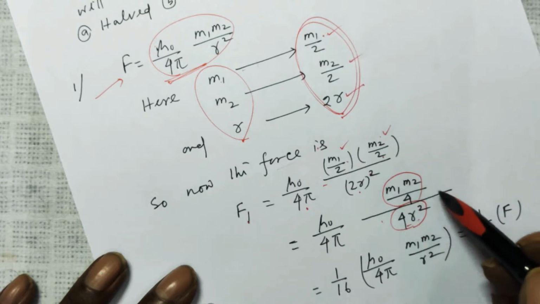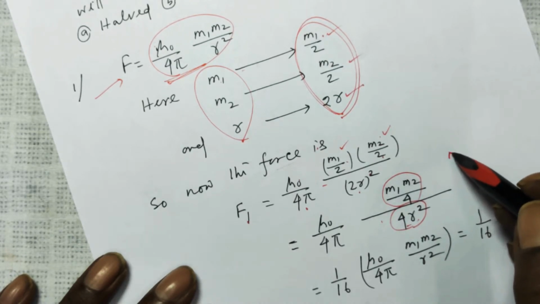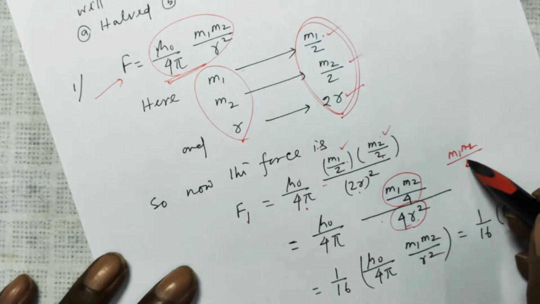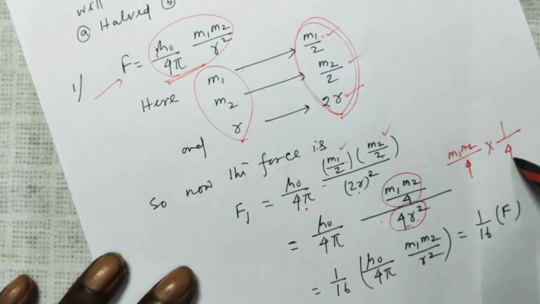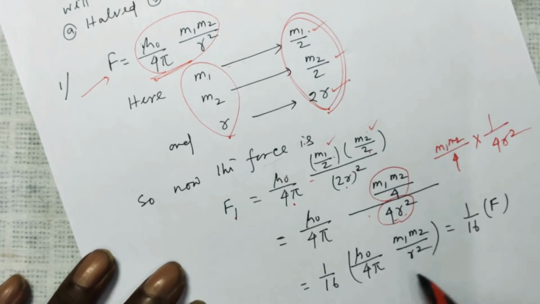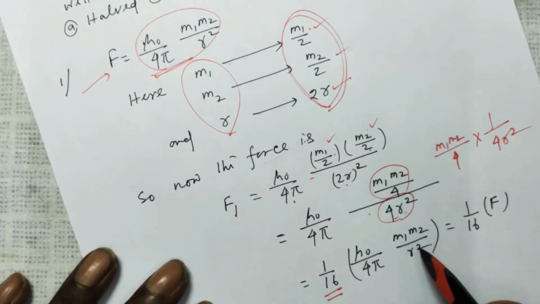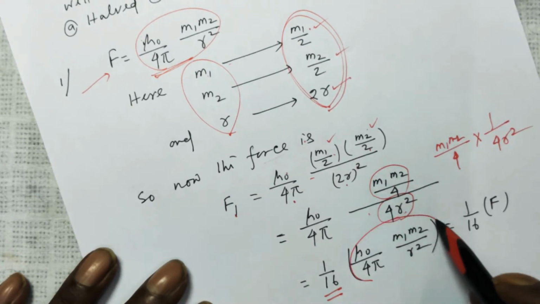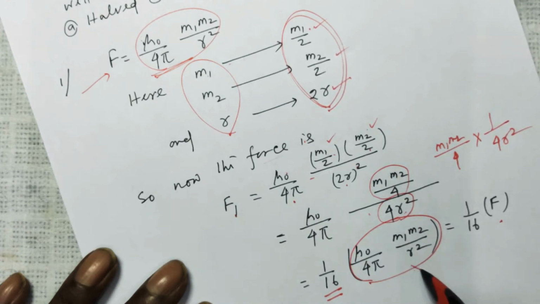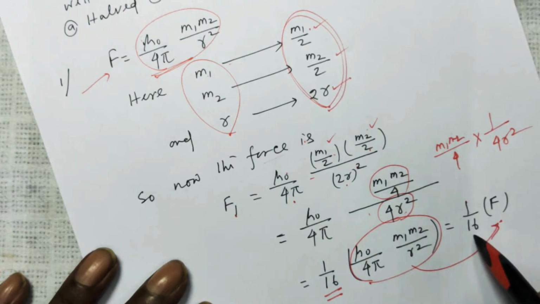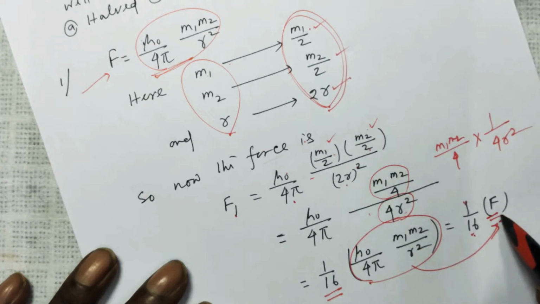If I write it like this, m1 m2 by 4 into 1 by 4r square, this becomes 1 by 16 times mu naught by 4 pi m1 m2 over r square, and this was your previous force, that is F.